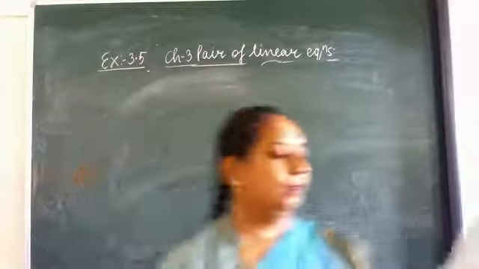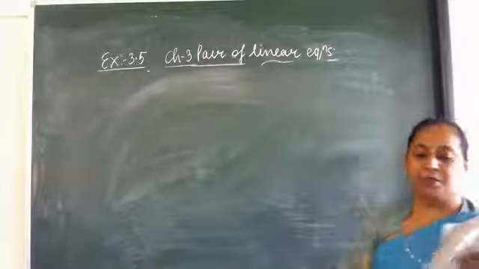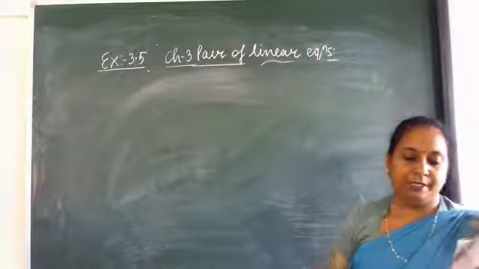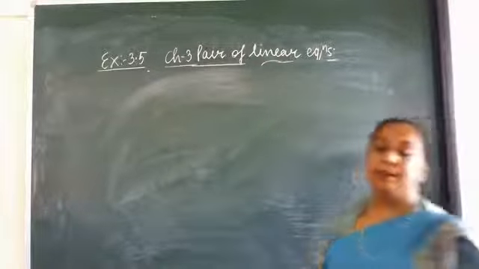Now the last fifth question is there. The area of a rectangle gets reduced by 9 square units if its length is reduced by 5 units and breadth is increased by 3 units.